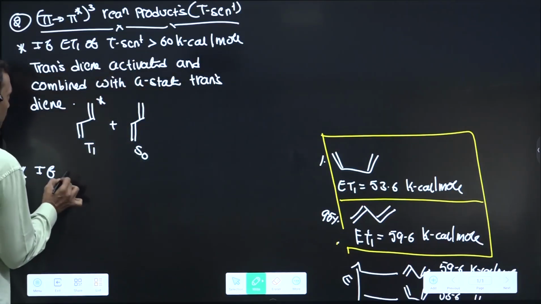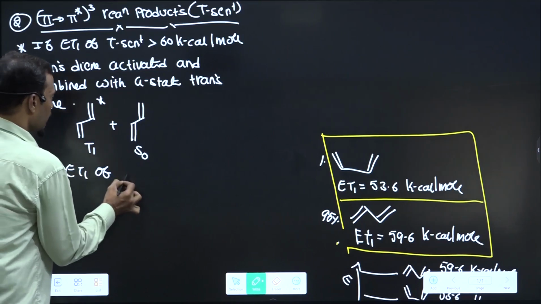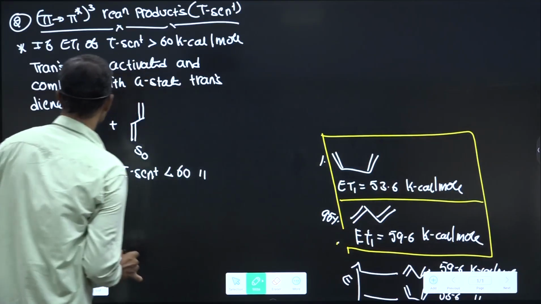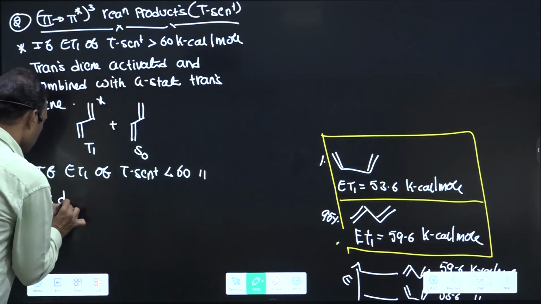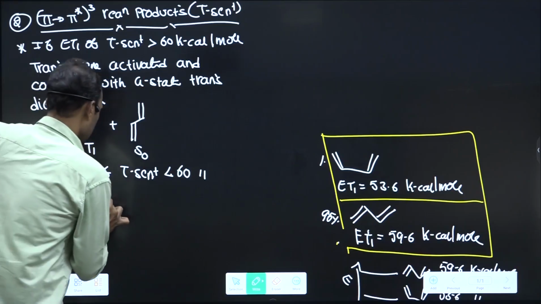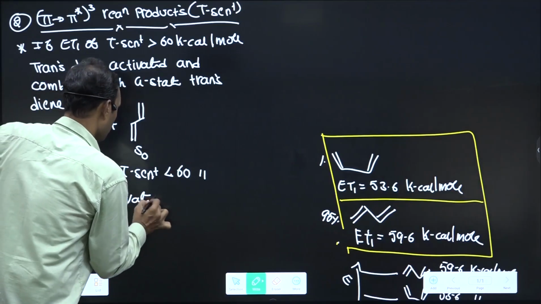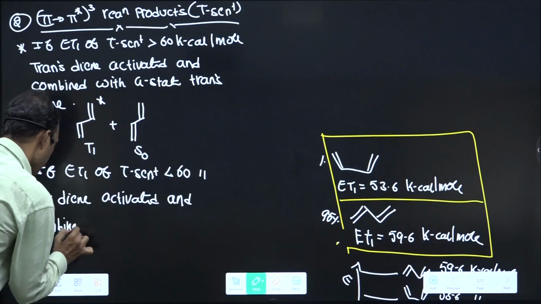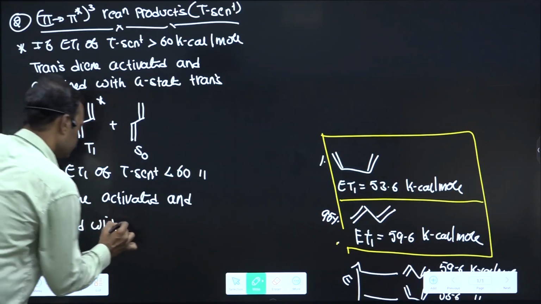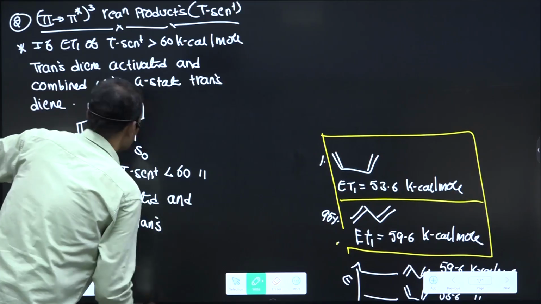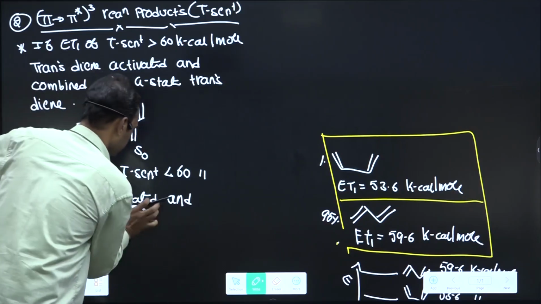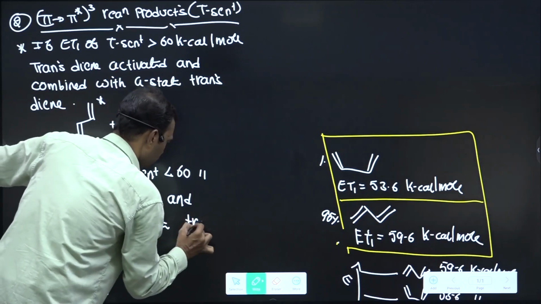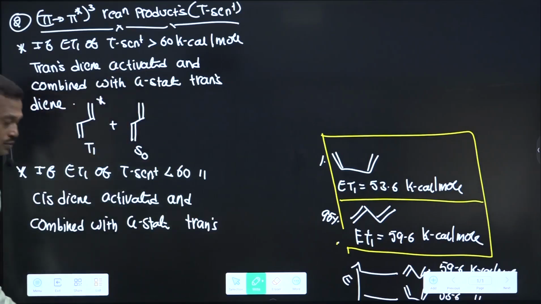Right, same. If ET1 of triplet sensitizer is less than 60 kilocalorie per mole, cis diene is activated and combined with ground state trans.